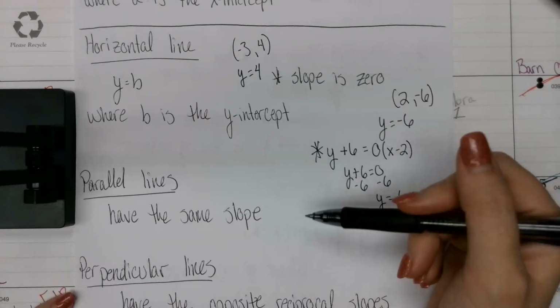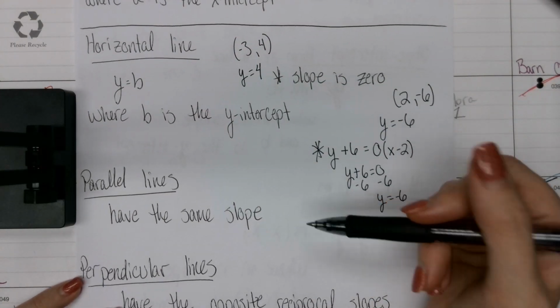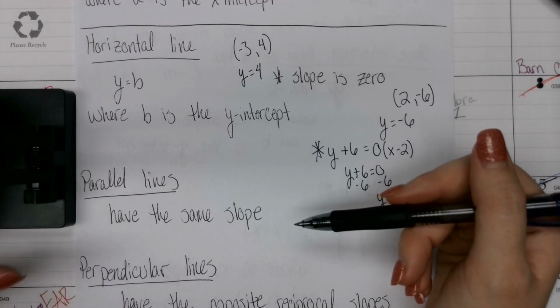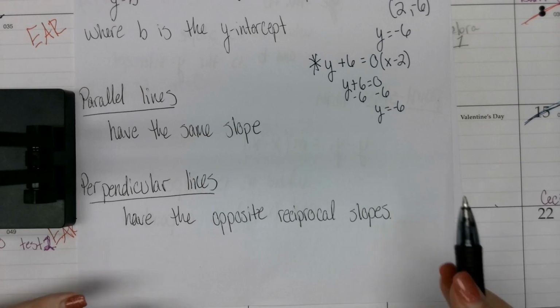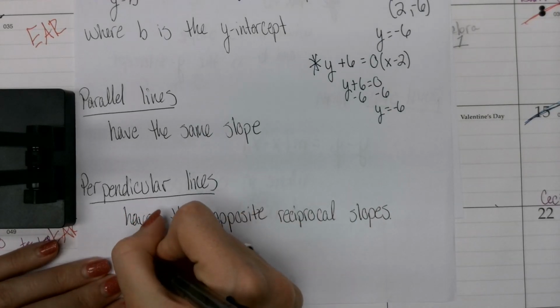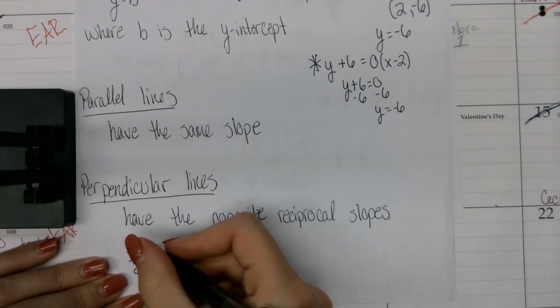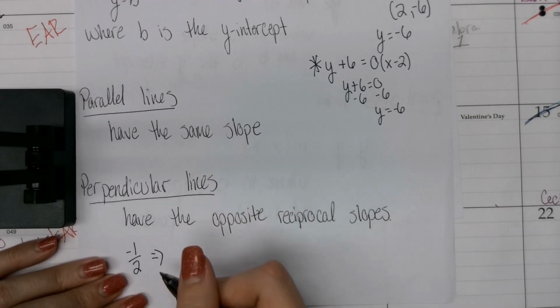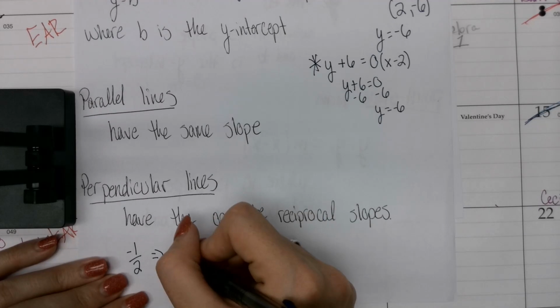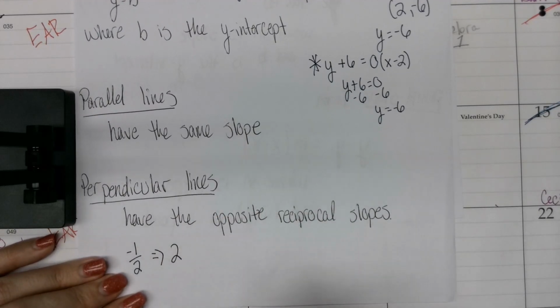Parallel lines have the same slope, so we'll go over that one more when we get to that example. And then perpendicular lines have the opposite reciprocal slope. So if one of them was -1/2, the opposite reciprocal of -1/2 would be positive, and the reciprocal of 1/2 would be 2, because it'd be 2 over 1.